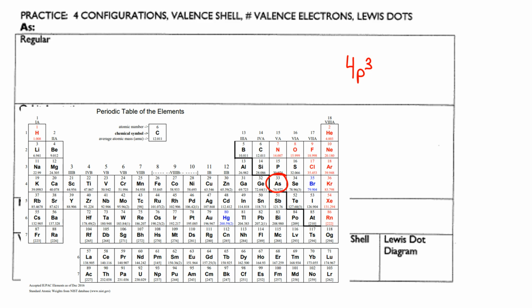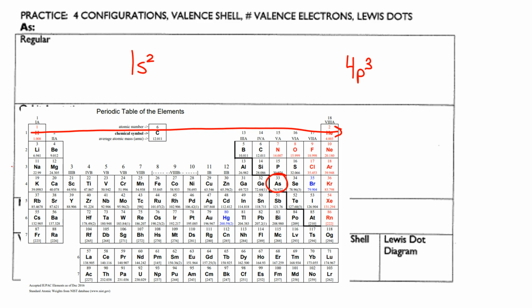All right. Now, in order to get to arsenic using my periodic table as a roadmap, I have to go through hydrogen and helium, right? So that means that I've went through 1s2.